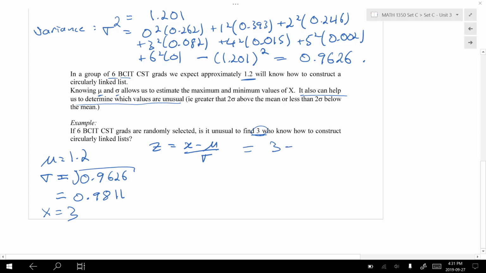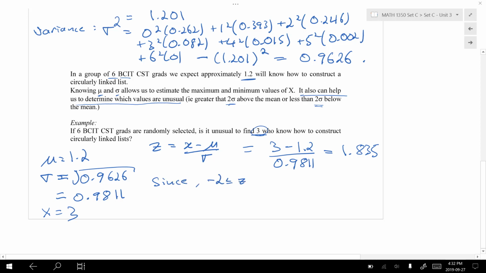Equals. So let's do some subtraction and division to find the corresponding Z score of this query. And we get a value of about 1.8. So using our previous rules, where we select 2 sigma above and 2 sigma below as being our tolerance for usual versus unusual, in this case we would say that if one were to find 3 of these 6 graduates who know how to complete this task, this is not unusual.